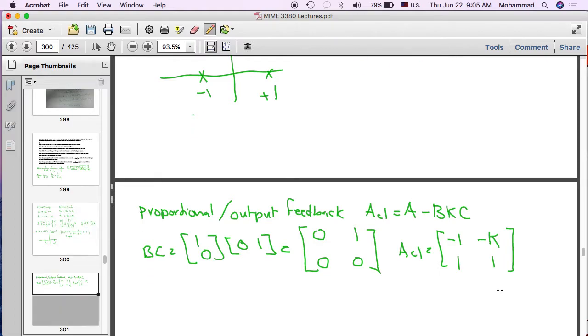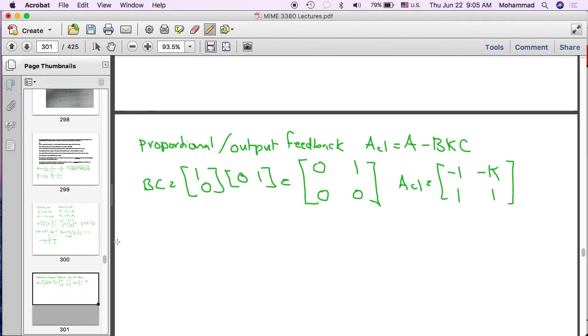Now let's look at the eigenvalues of the closed loop matrix. So lambda I minus A closed loop will give you lambda plus 1, k, minus 1, lambda minus 1.